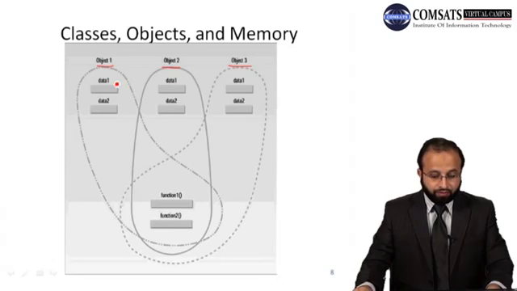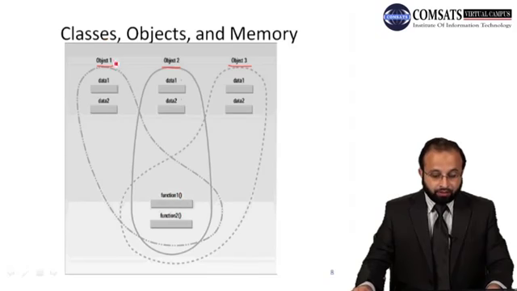In the class definition we have data 1 and data 2. When object 1 is created, data 1 and data 2 are the variables for object 1. When object 2 is created, data 1 and data 2 are the variables for object 2. But the functions are shared, right? So we have the same copy of the function.